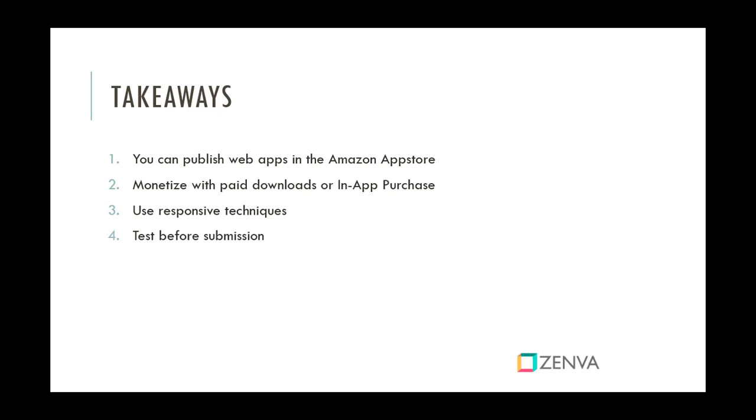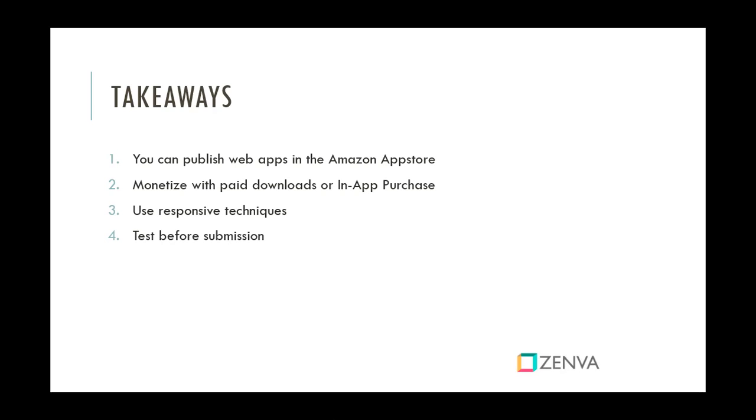Takeaways. You can publish hosted HTML5 apps and games to the App Store, and they will be distributed alongside native or non-web apps. You can monetize these apps by using either paid downloads or in-app purchases, or you could have an app that has both.